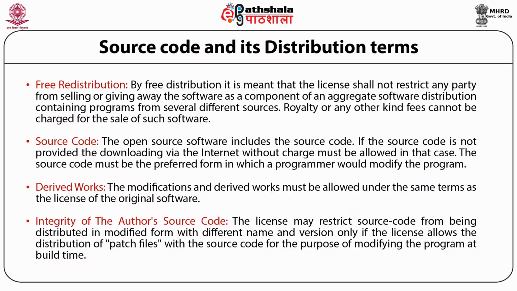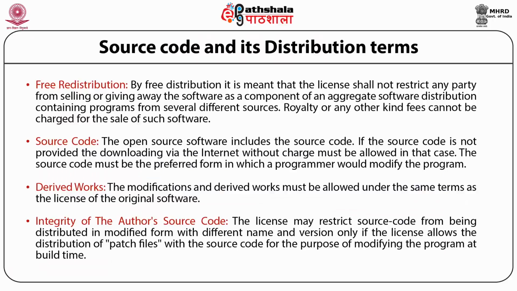All these are distributions of Linux. Many times the distribution also comes with the source code, and the derived work or modification must be allowed under the same terms which are mentioned in the license.